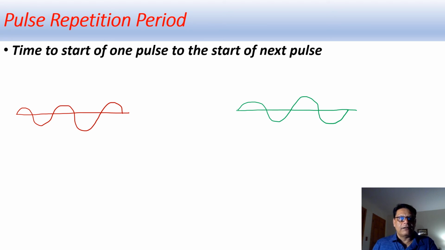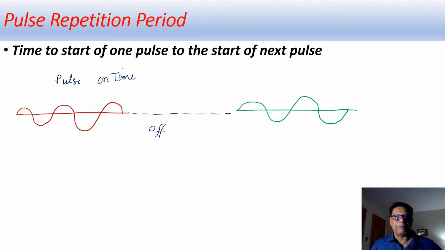And we know that when a transducer generates a pulse, this is called on time, and it's also called pulse duration, the time to create a pulse. And after that, the transducer becomes silent, and this is called off time.